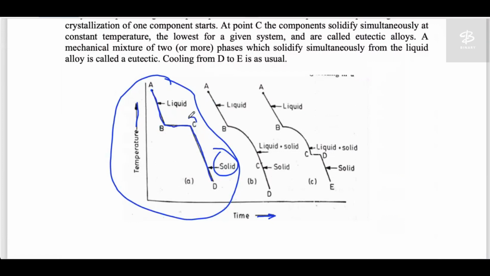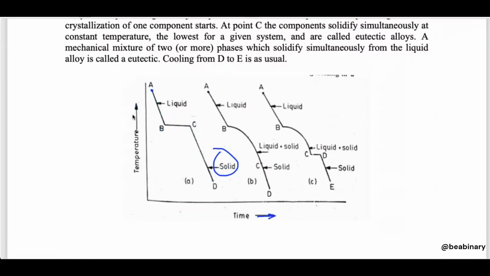When you have converted all the water into ice, you could still decrease the temperature of the ice as well. So this was the whole idea about a pure substance. Water is a pure substance, so keep that in mind.